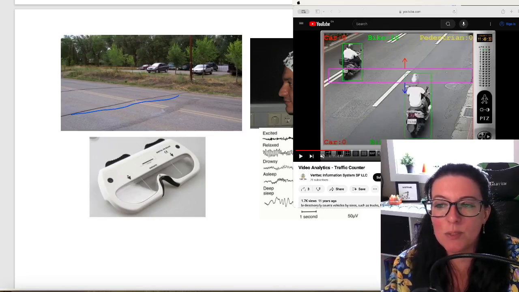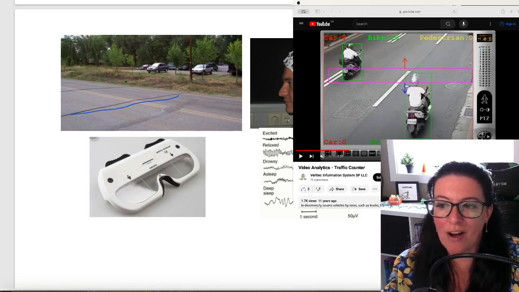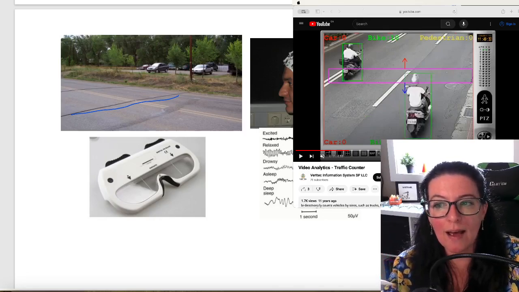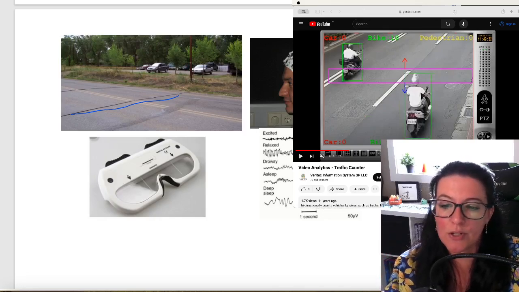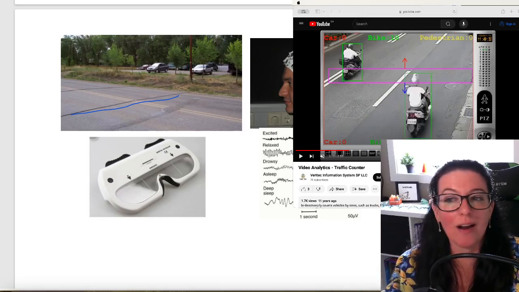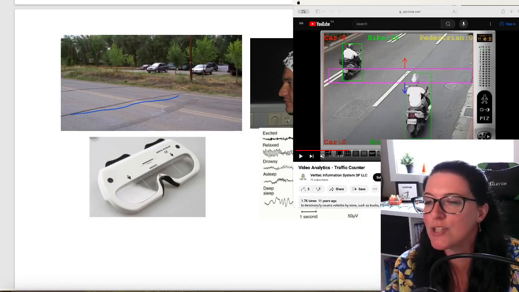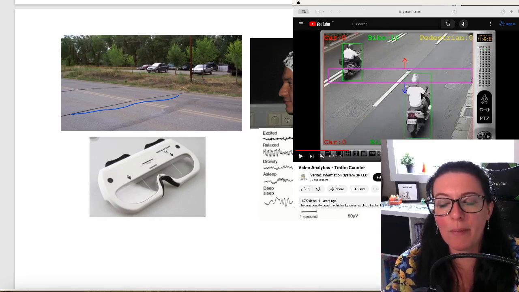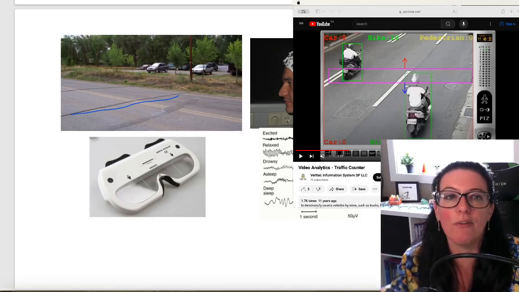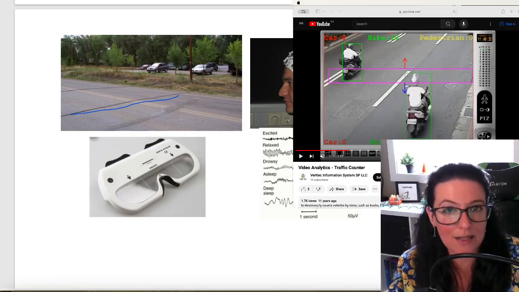And in this case, we can use AI, machine learning, and it's identifying not only when a vehicle comes through the intersection, but it's also identifying whether it is a truck, whether it's a car, whether it's a bus, whether it's a motorcycle, and we get a lot more information because now not only are we able to count the number of vehicles, but in this case, we can count exactly what kind of vehicle.